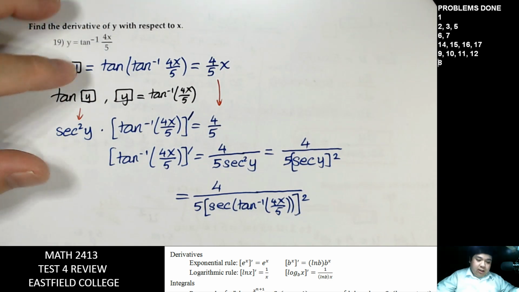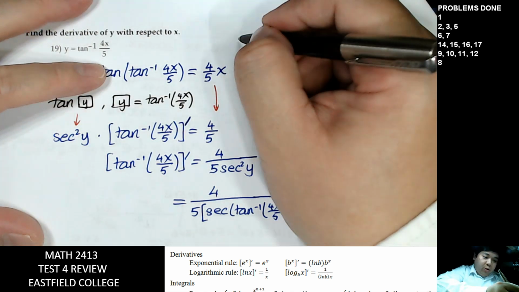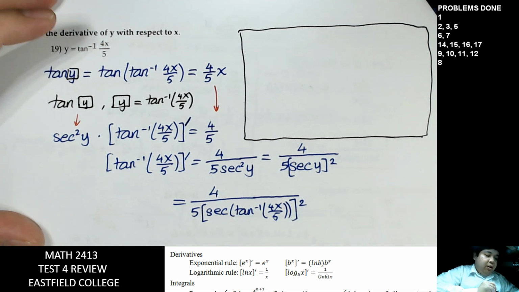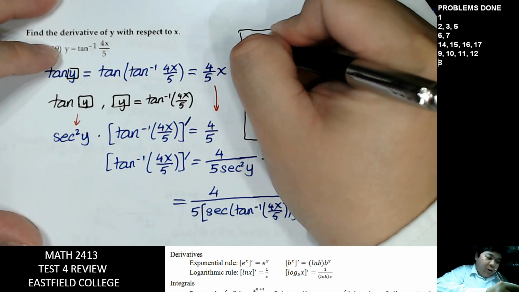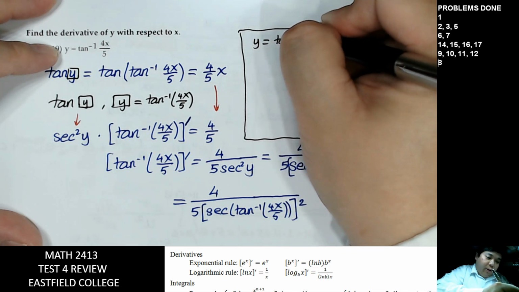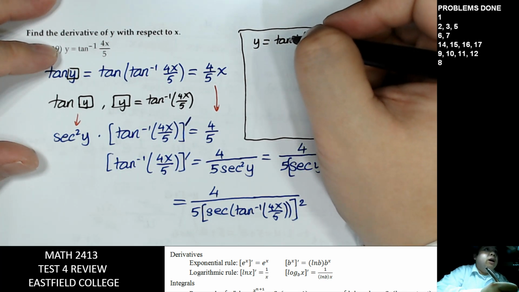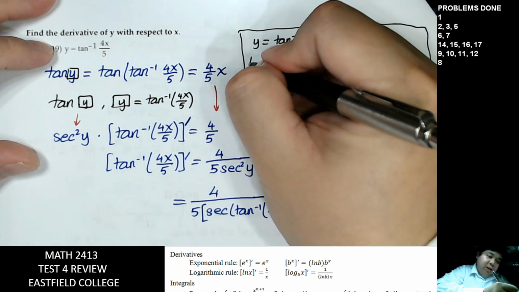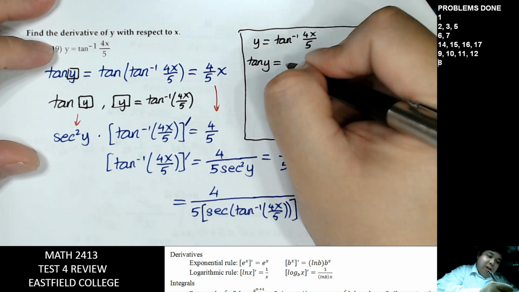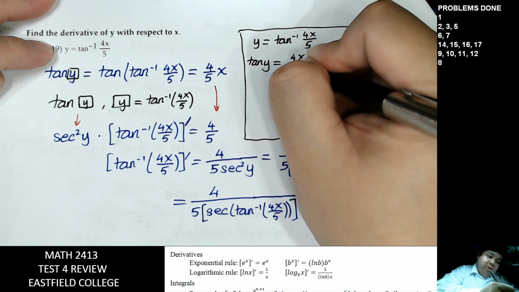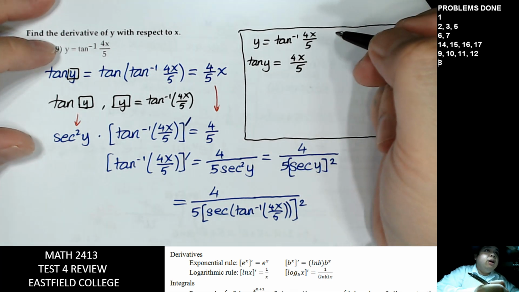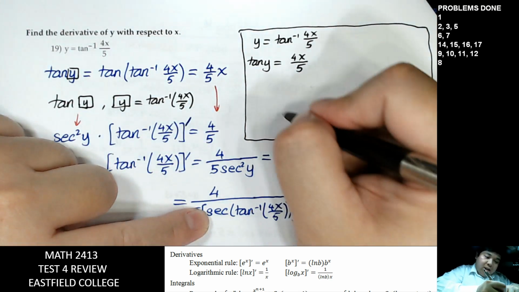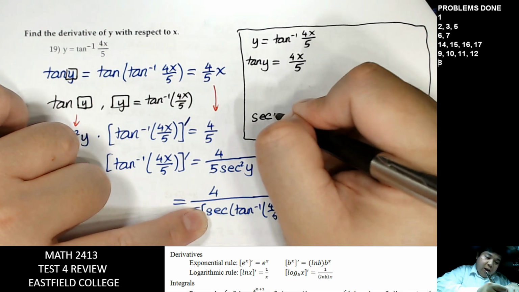Right, now that is a simple trigonometry problem. So let's do that here. We have y equal to tangent inverse of 4x over 5. If we take the tangent on both sides, that gives us 4x over 5. And the question asks us what is secant of y.